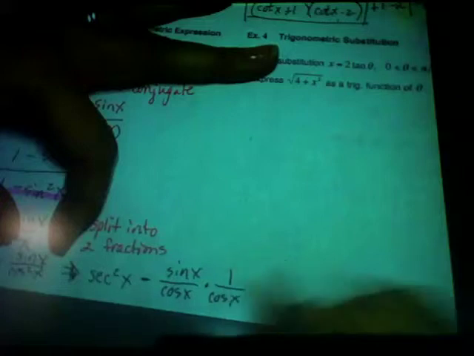Minus, I'm going to change this up just a bit. Wouldn't you agree that this is equal to sine of x over cosine of x times 1 over cosine of x? I'm a great manipulator. Why would I do that? What do you know that is? Tangent.